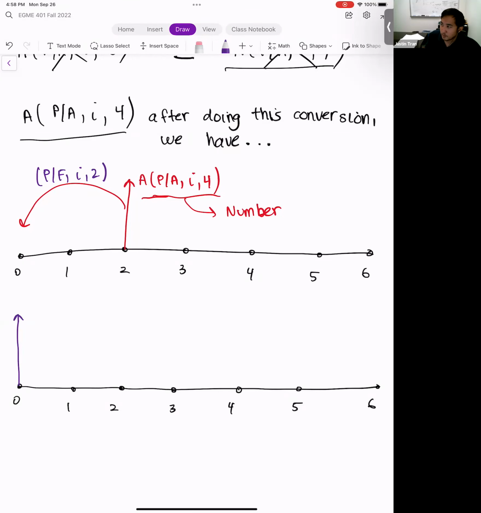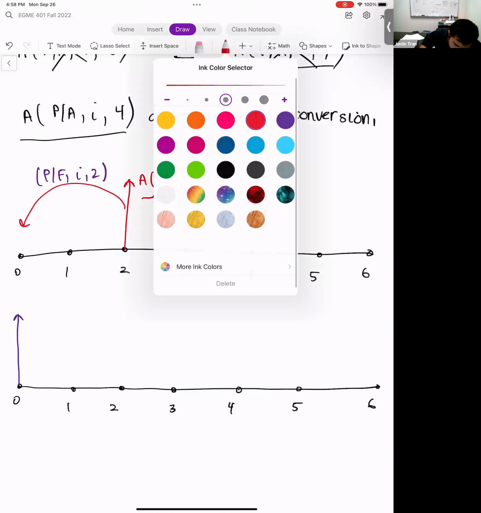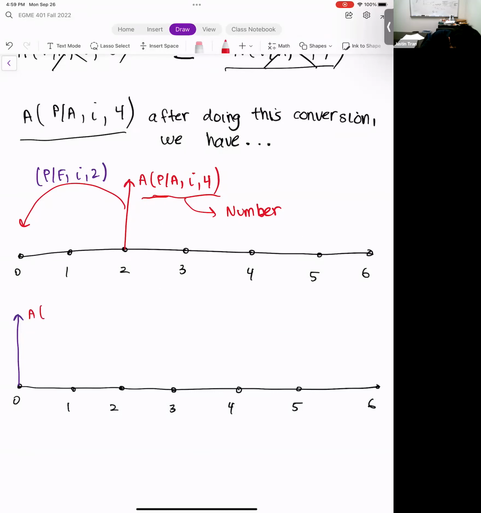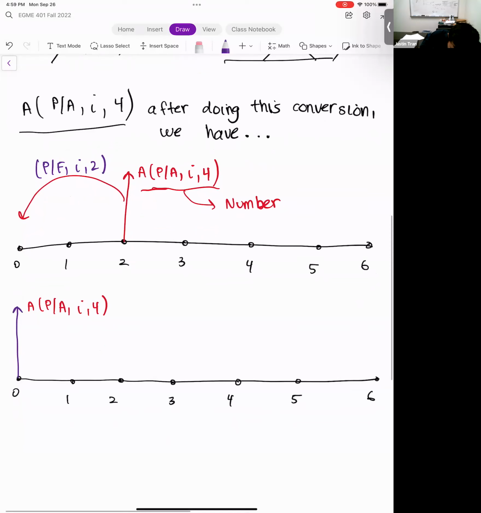And the value for this is going to be all the conversions we've done so far multiplied by each other, okay? So we have A, P over A, i, and 4, and then we're going to multiply by our second conversion here, which is P over F, i, and 2, okay?